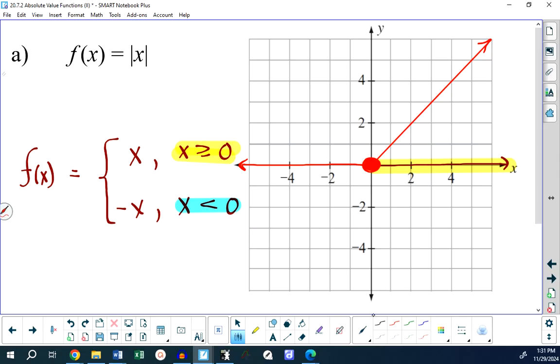Do you know what negative x looks like as a function? Well, it's a slope of negative 1 through the origin, so it's this line.